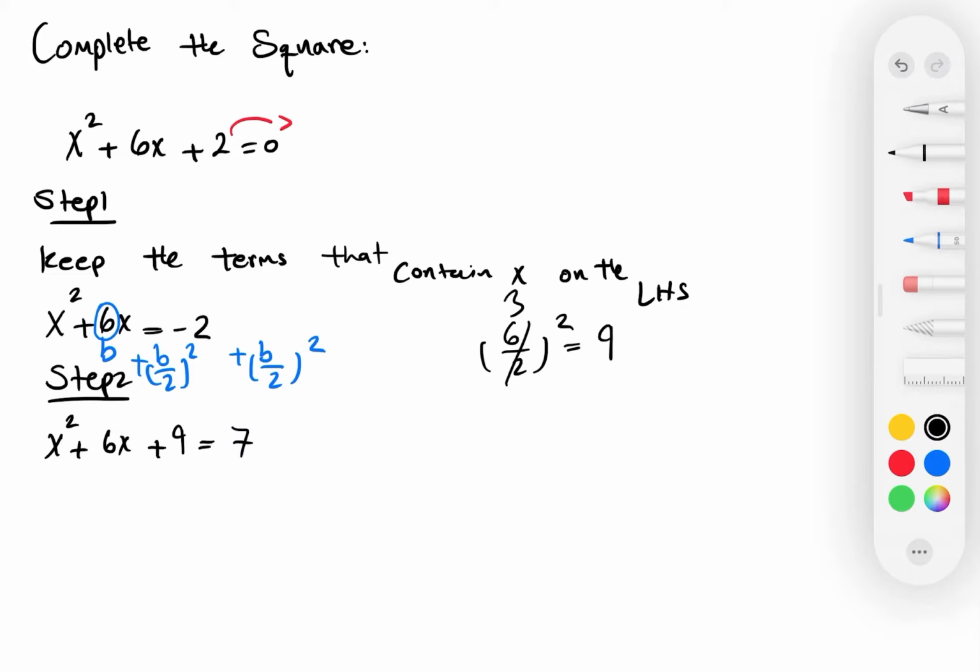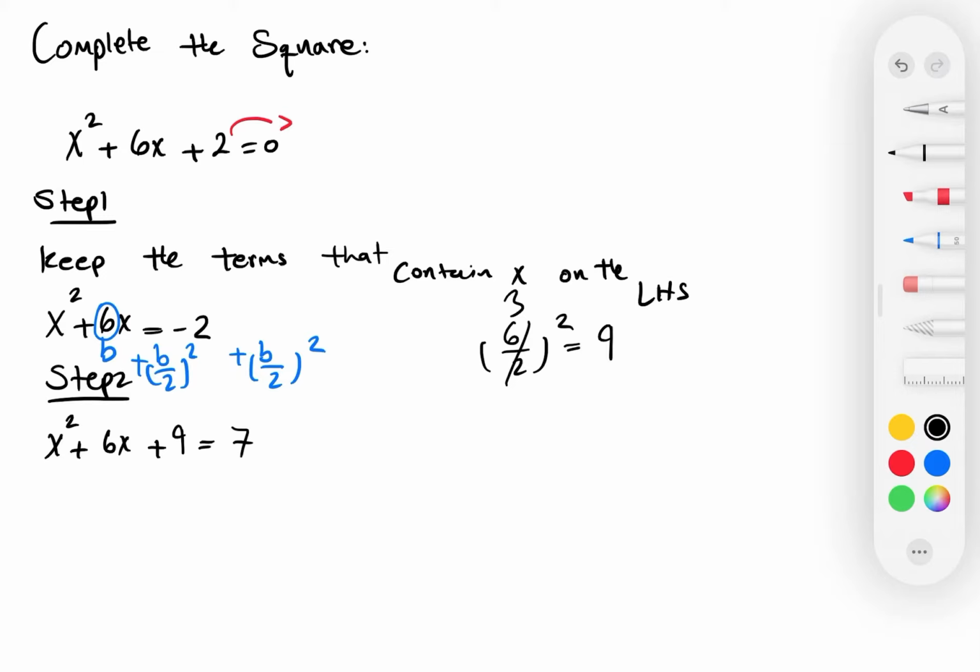Okay, so now as you can see, I have an equation. And you may be asking yourself, well, why did I do this? Why did I go this whole way to get x squared plus 6x plus 9 equal to 7? Because it is clear that I can now make a perfect square. I can factorize x squared plus 6x plus 9.